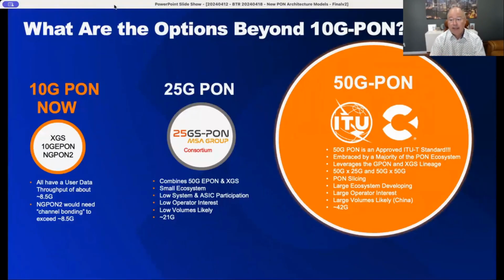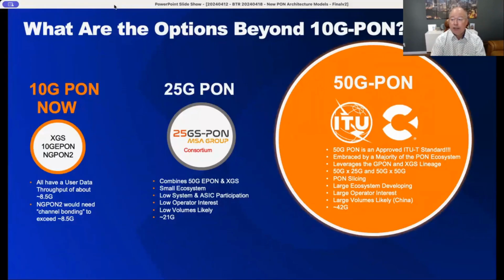So if we look at 50 gig, there's two different versions, an IEEE version or an ITU-T version. It seems like the ITU-T PON standards have really taken hold in the marketplace. XGS outsells IEEE. We think the ITU-T from a standards perspective has won the PON business.